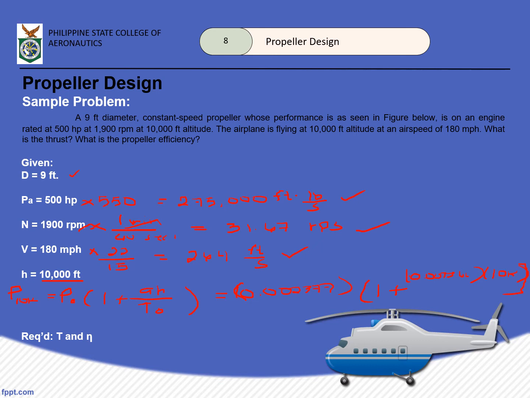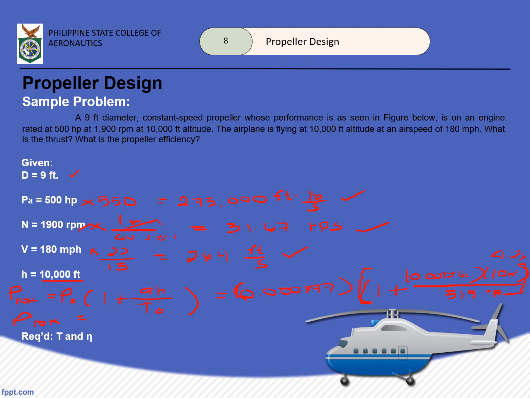All raised to 4.26, all over our temperature sub O. So we would be getting our density at 10K.